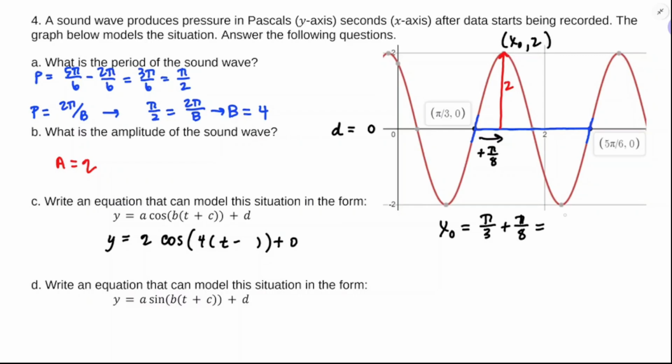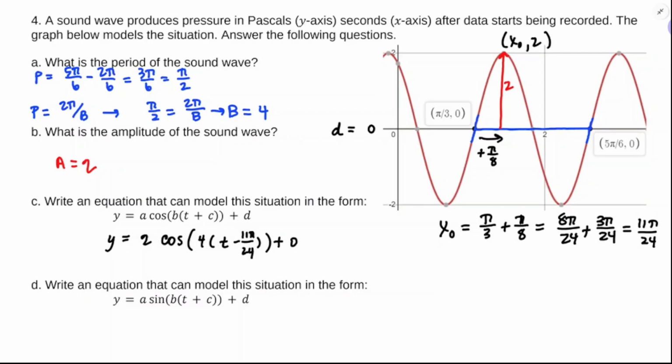In terms of 24ths of pi, that would be 8 pi/24 plus 3 pi/24. That's going to be 11 pi/24. That was kind of rough. But if I'd gone backwards, I'd have had to subtract 3/4 of the period, so it would have been a similar level of computation. So I'm going to say, all right, 11 pi/24. I don't think I left quite enough room for that, but there you go.